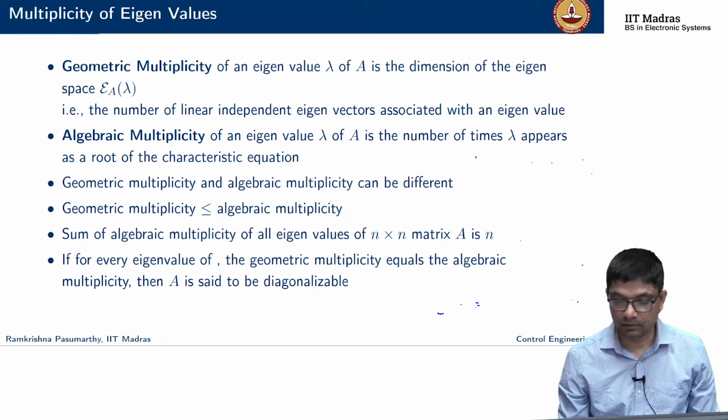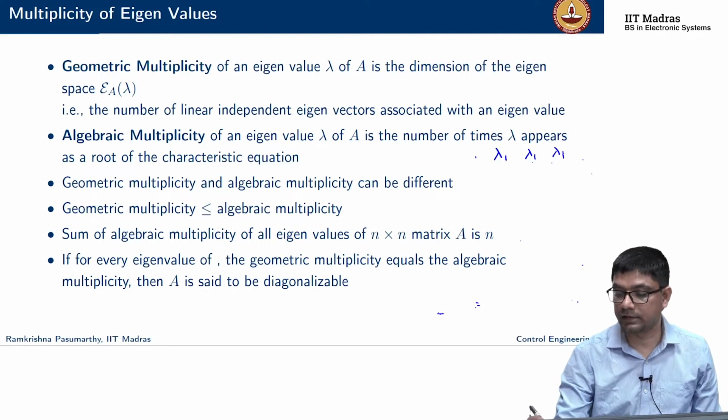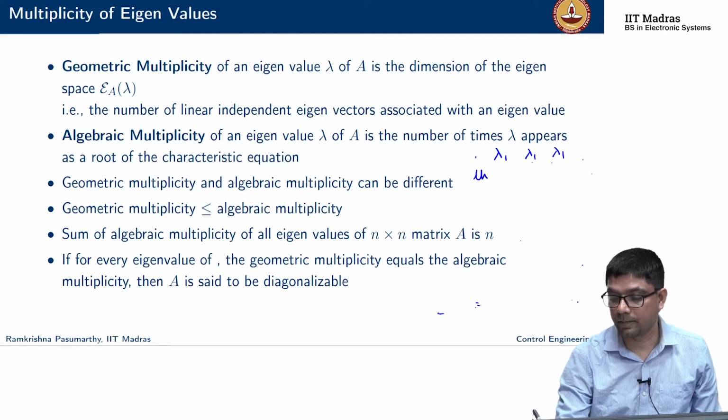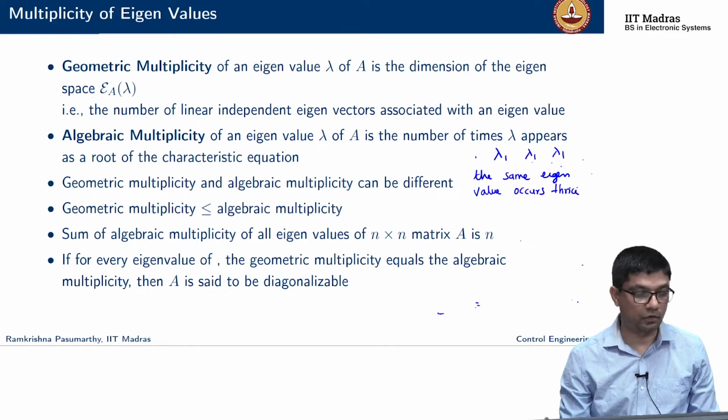Which means, say, lambda 1. So my eigenvalues are say lambda 1, lambda 1, lambda 1. Say the same eigenvalue occurs thrice.